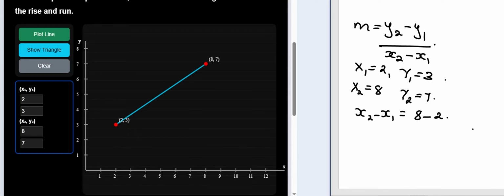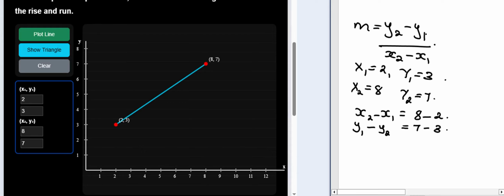So the change in y, which is given by y2 minus y1, is 7 minus 3. So basically, the change in x means the x-axis change, and the change in y means the y-axis change. Or change in x means the horizontal change, and change in y means the vertical change.